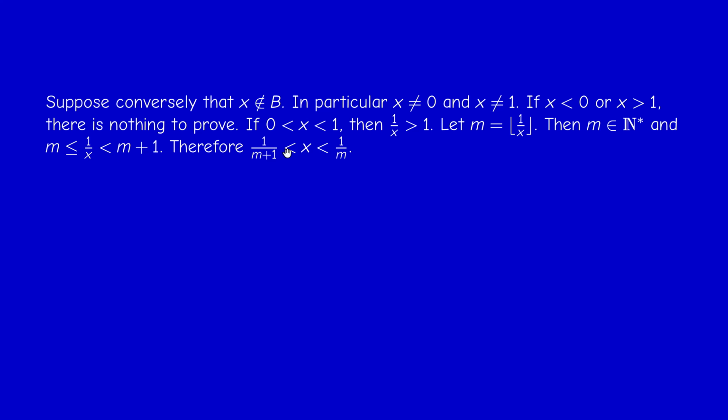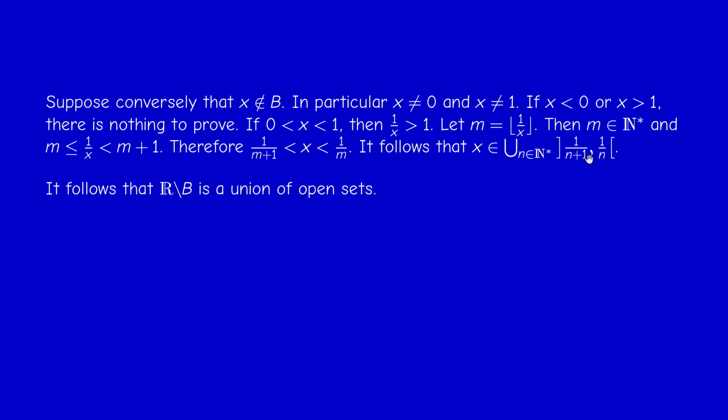If 1 over X is between M and M plus 1, then X is between 1 over M plus 1 and 1 over M. It cannot be equal to 1 over M because X is not in A, because it's not in B. So I have a strict inequality here, and therefore X is in the union.